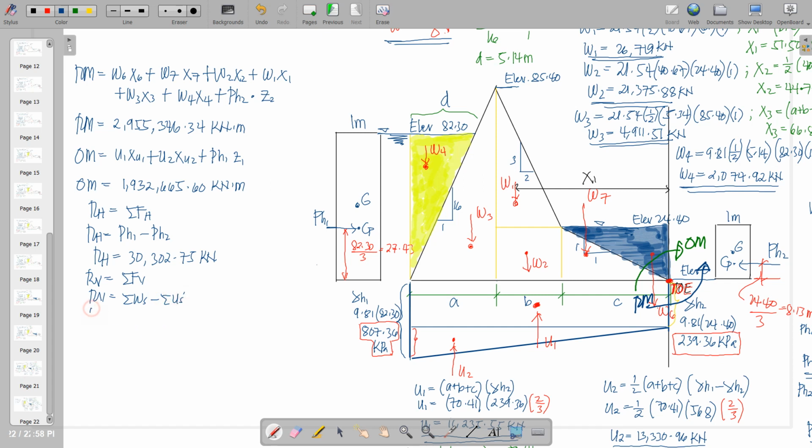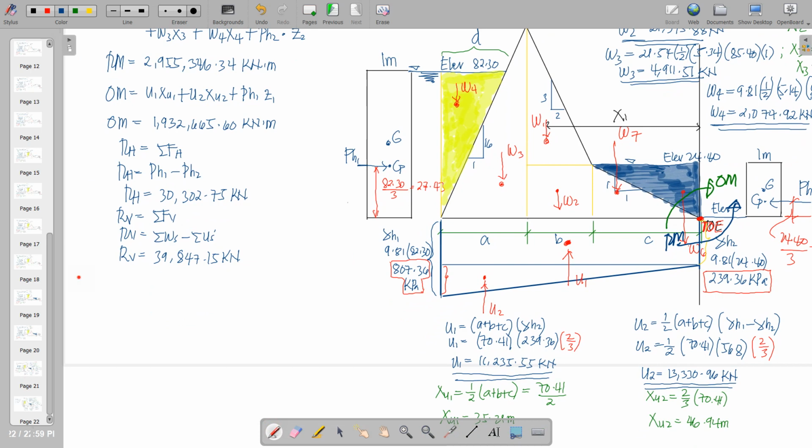If we compute that with our derived weights and uplift, we will get 39,847.15 kilonewton.